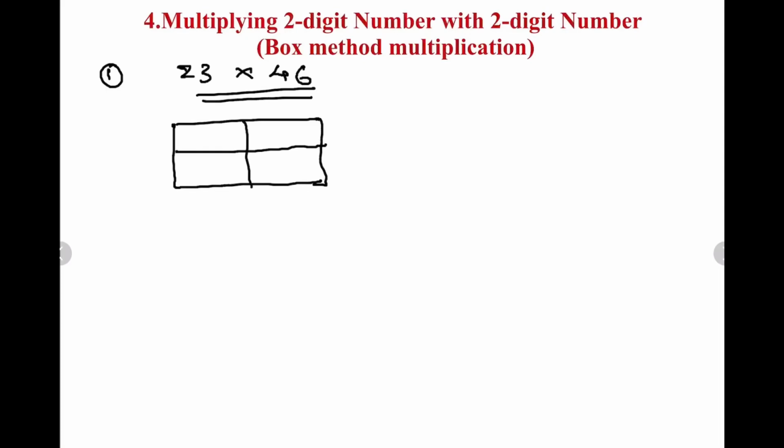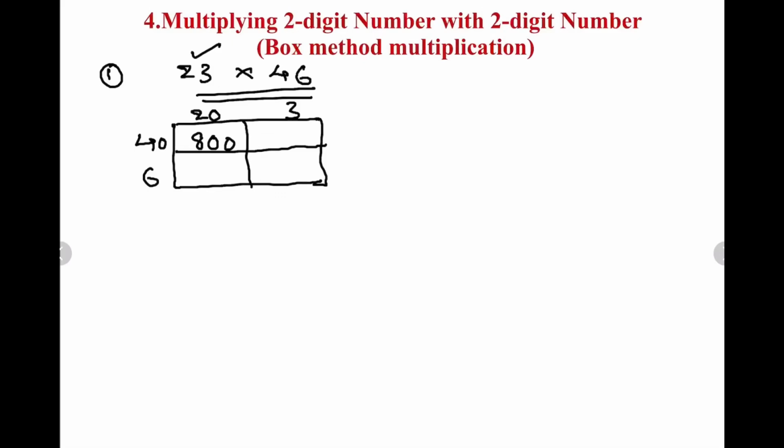As it is 2-digit into 2-digit, the rows should be 2 and the columns should be 2. Keep 20 here, keep 3 here. First I am taking the number 23. Second, 46. So multiply 20 into 40, that is 800.